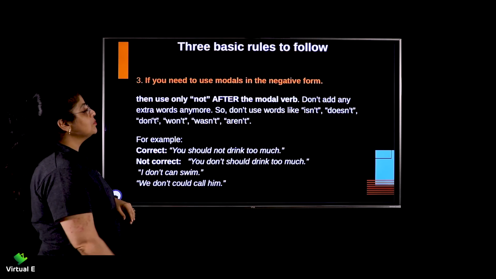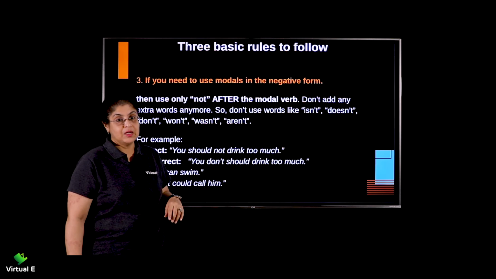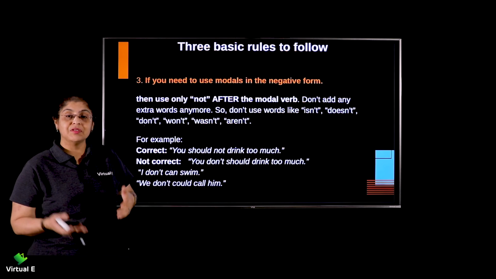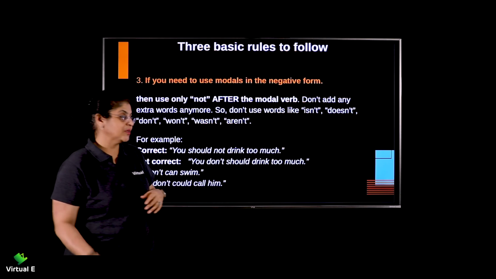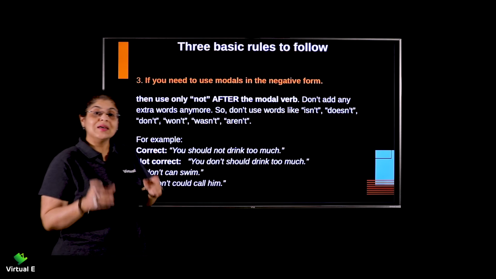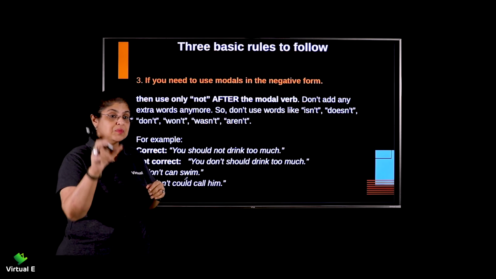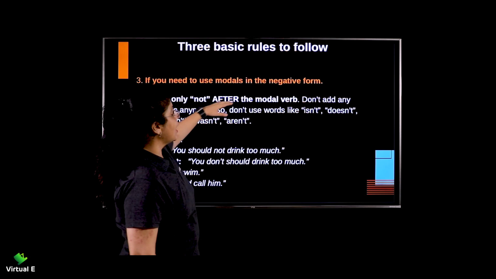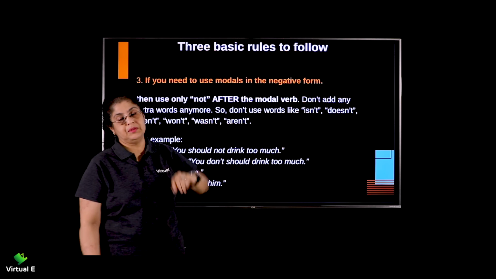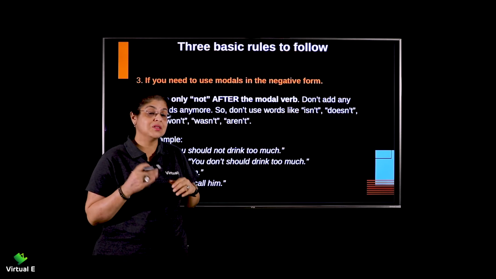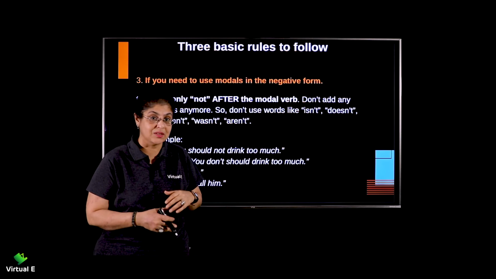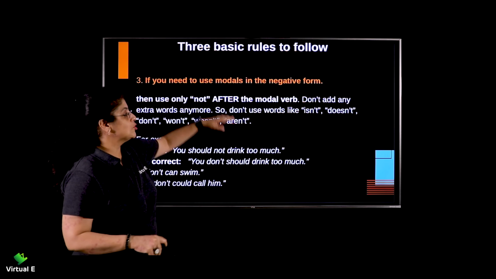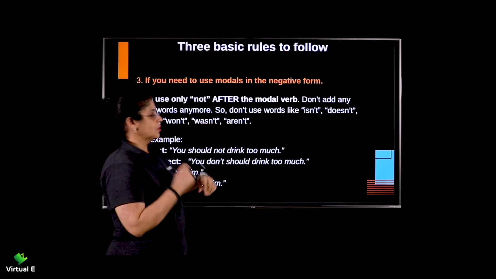Now, if you need to use modals in the negative form, of course, if it's a verb, it can be negative, interrogative, or positive, that's affirmative. You need to make sure that your formation is perfect. Then use only not after the modal verb. If you want to negate your sentence, if you want to make your sentence negative, you will use not after the modal verb.